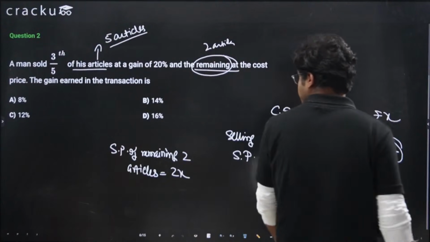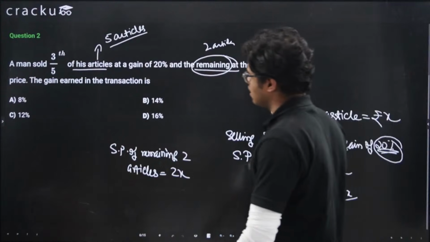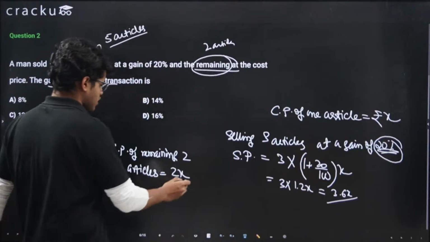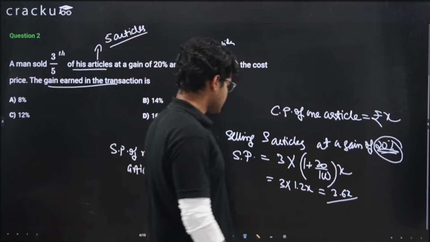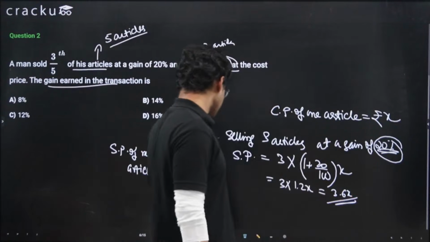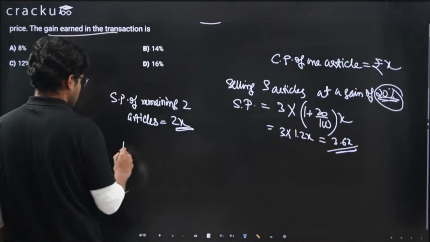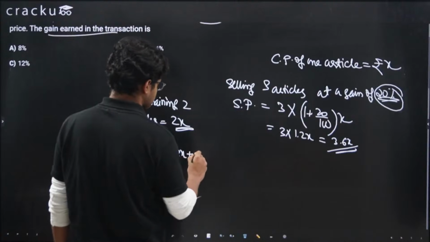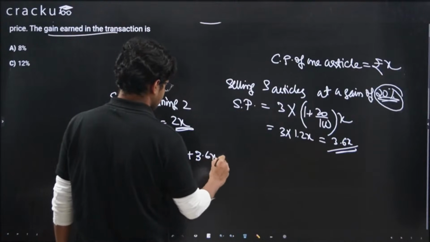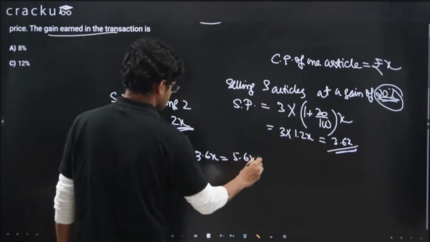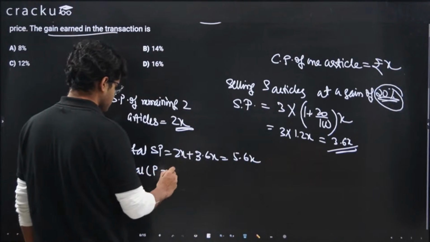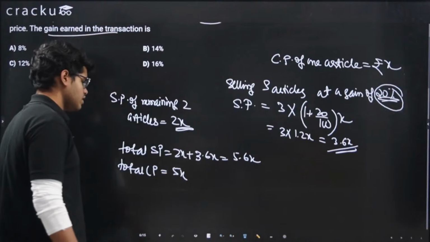So what is the gain earned in the transaction? The selling price of the remaining 2 articles is 2x, and here it is 3.6x. So the total selling price is 2x plus 3.6x equals 5.6x, and the total cost price equals 5x.